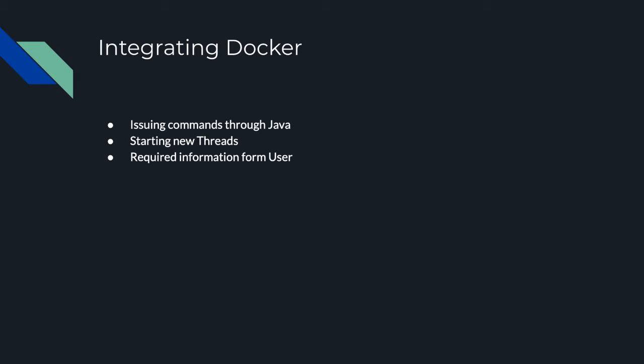And then requiring information from the user. This is where the user would have to supply Docker with a few things, or at least my commands with a few things, so Docker would be able to seamlessly integrate and work with the program. Things like the environment path variable, of course, so I can actually contact the user's Docker that they have downloaded.